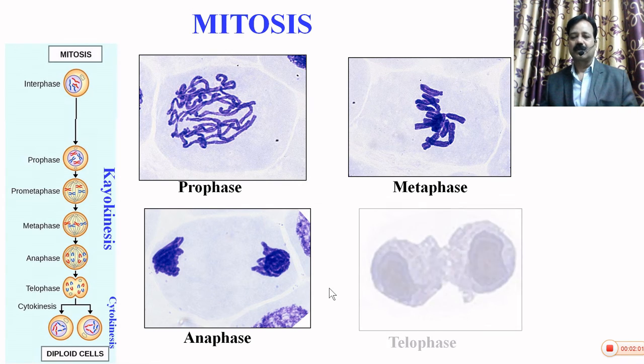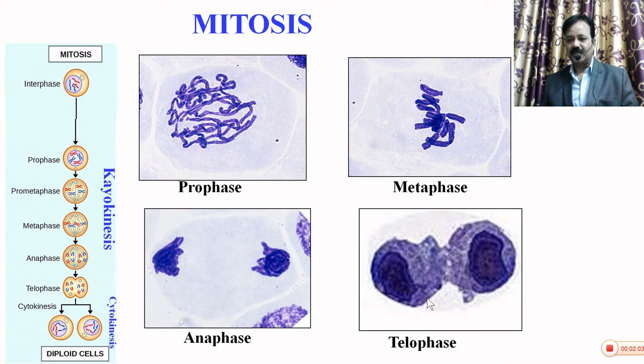Then telophase. Telophase is the final stage in karyokinesis, in which as chromosomes reach the cell poles, the disintegrated nucleolus and nuclear membrane reappear.